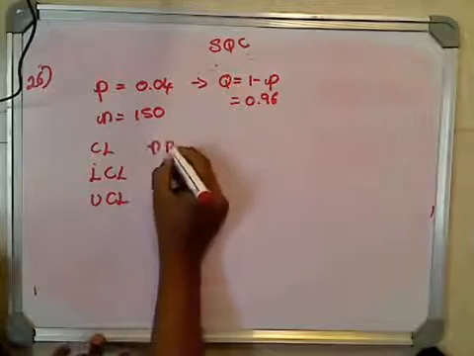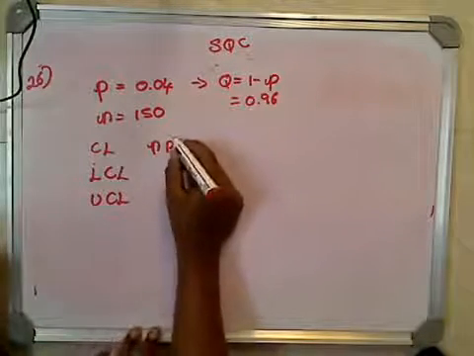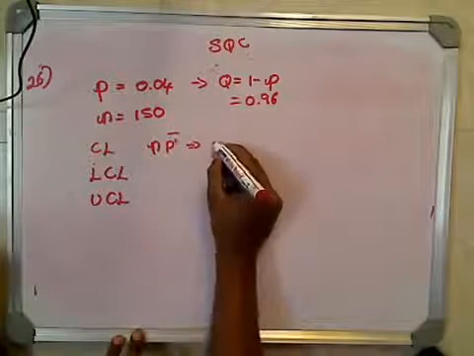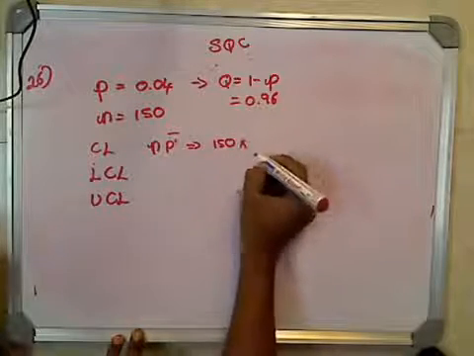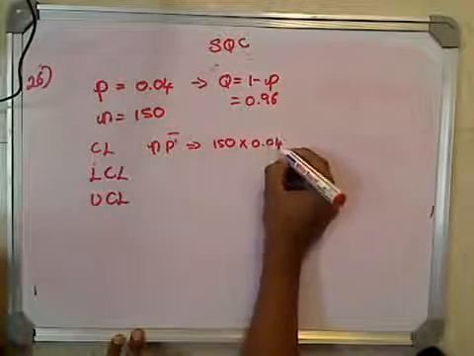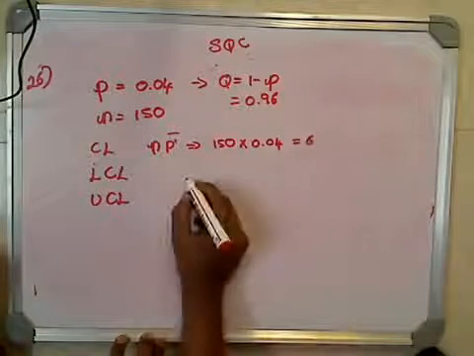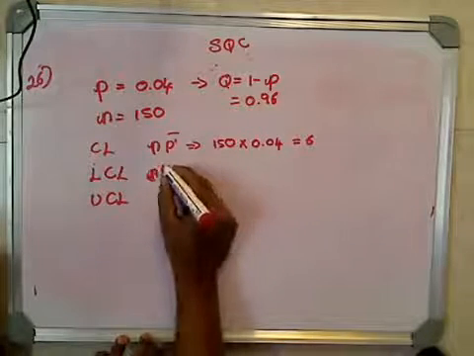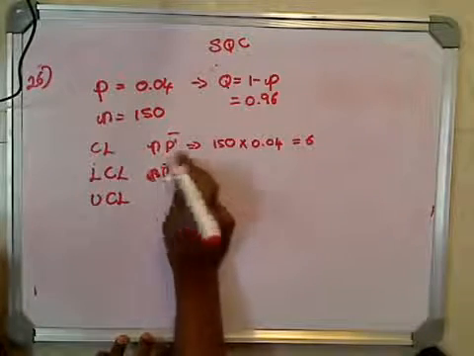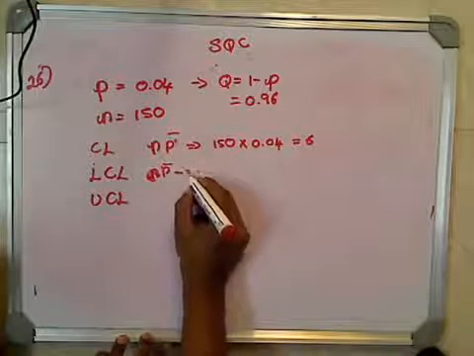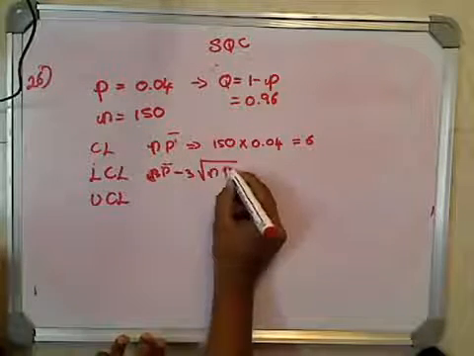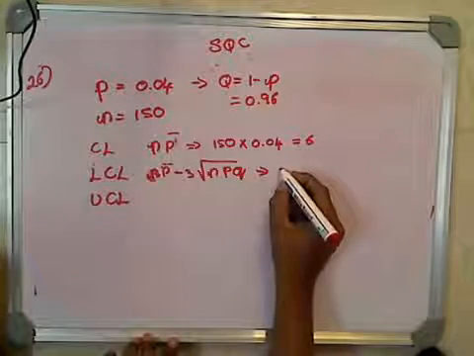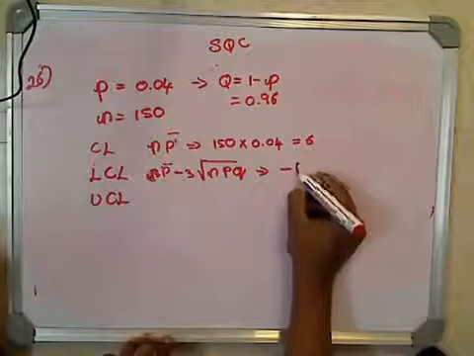Control limit here is NP. NP here is given as 150 multiplied by the proportion that you mentioned, 0.04, which is nothing but 6. And the next thing that you have is NP minus 3 square root NPQ, and this should give you the answer minus 1.2.